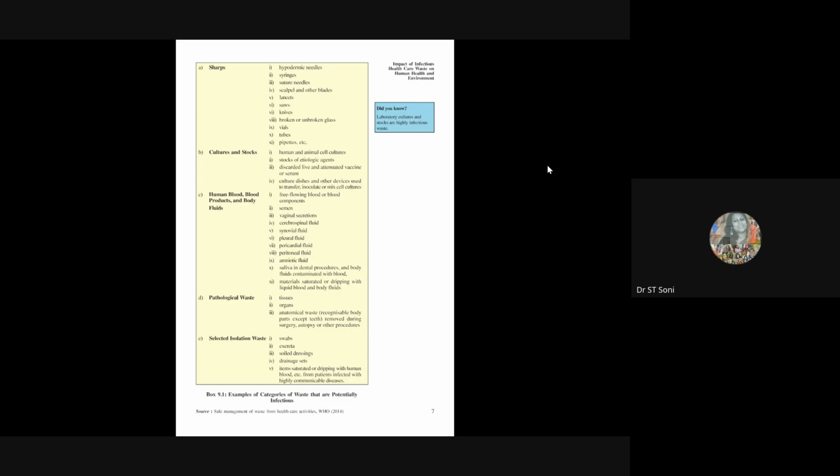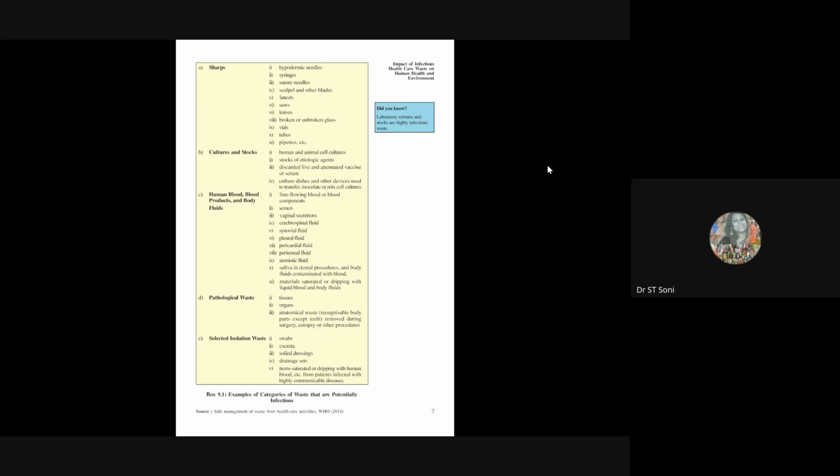The second category is mostly generated from the laboratory, where research activities are going on, the stock of organisms, so the microbiology laboratory and the research laboratories.